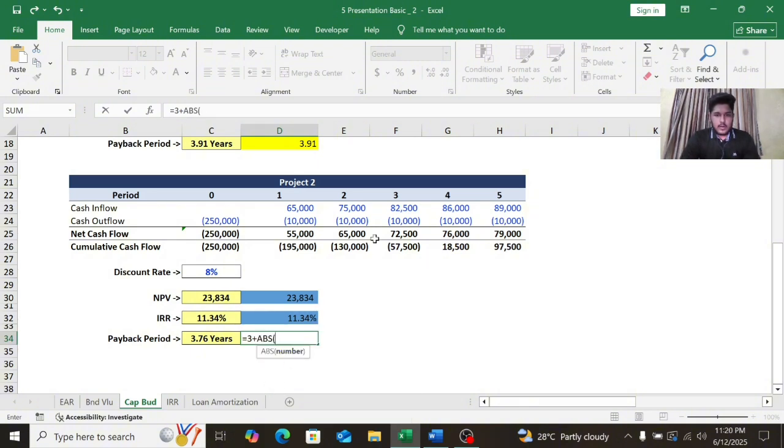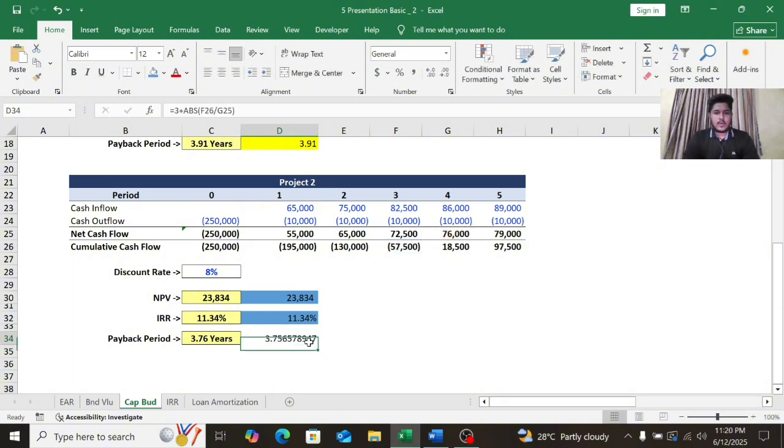The numbers are 57,600 out of 76,000, and enter. Decreasing our decimals to 2, 3.76 years will be needed.